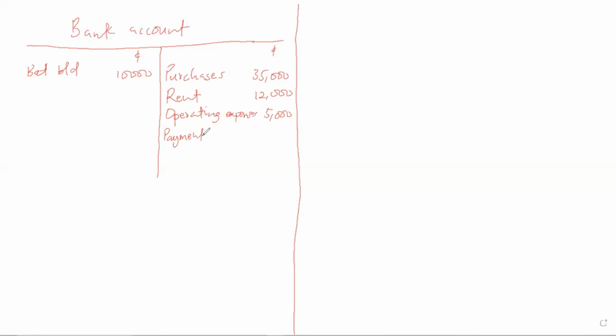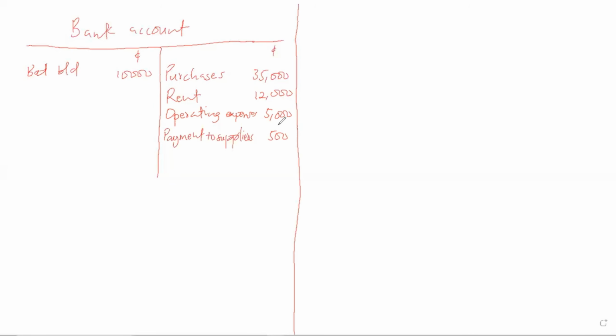Since it was on the debit side of the creditors control account, it will come here on the credit side, which was 500.